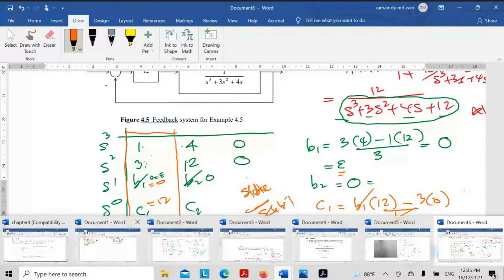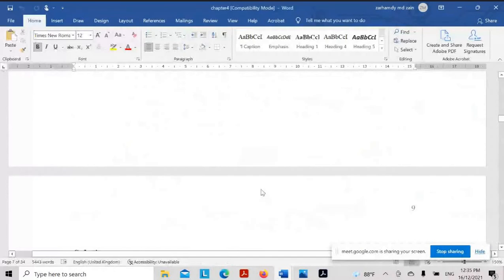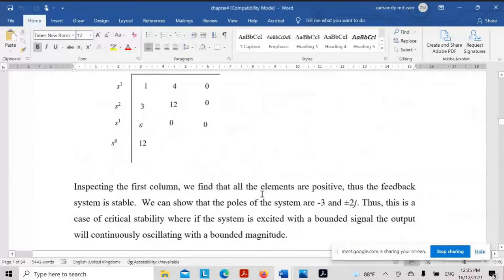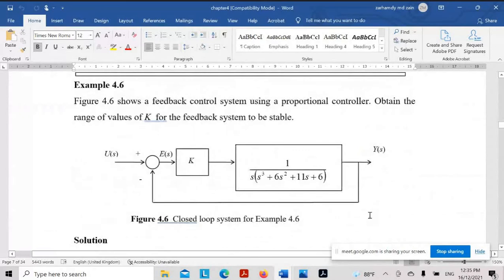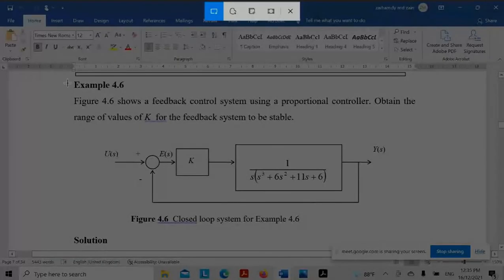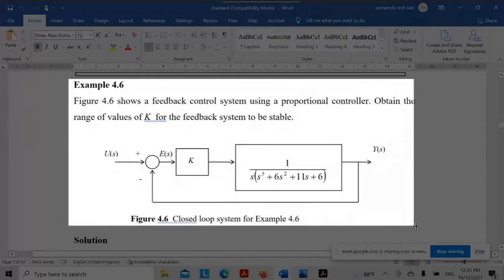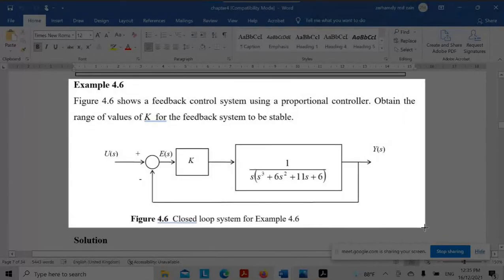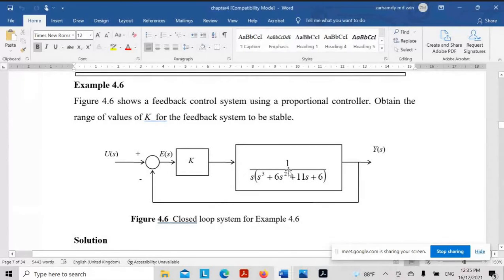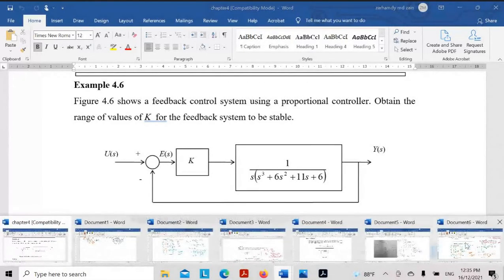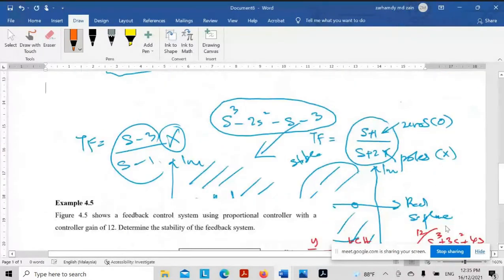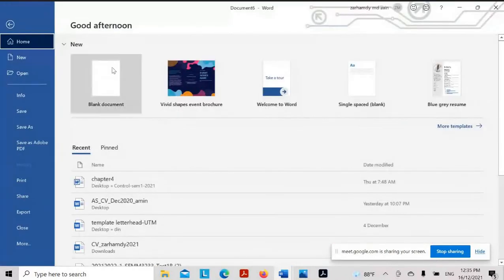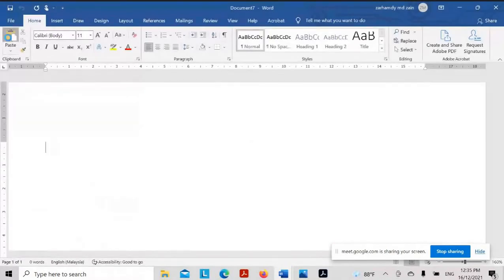Now we have another case. Now we are looking for the range of our controller. I will explain in a while. Do it again, don't worry.